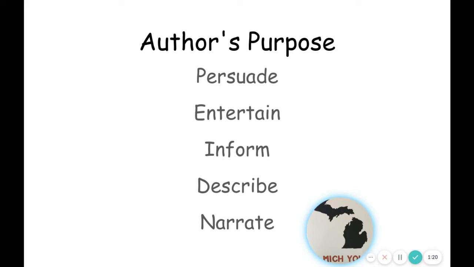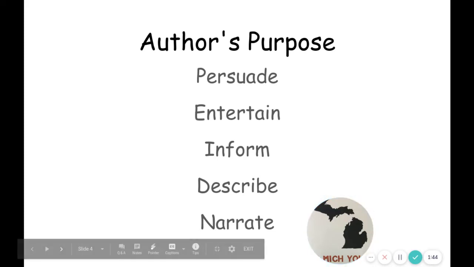To inform, it might be a new topic you have no idea about and they're trying to educate us on it. To describe something, I may be describing in detail how I carved and created a pumpkin. And to narrate, to tell a personal story, maybe about the first time I rode my bike or the first time I got a pet. All those are author's purpose.